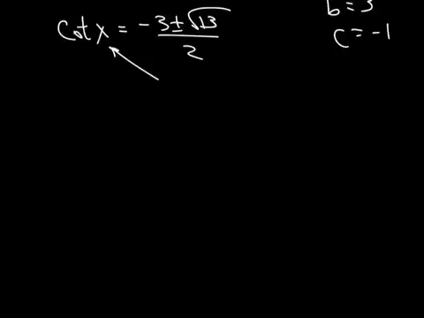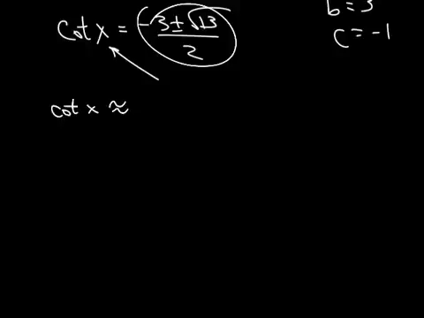If I do the math and I get a decimal, I'll find out that the cotangent of x is similar to negative 3.3 and positive 0.3. So when I do my math, I will get those two angles.